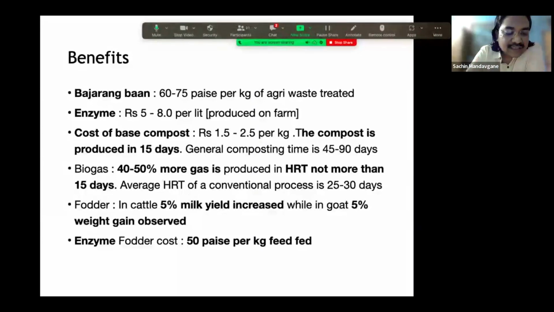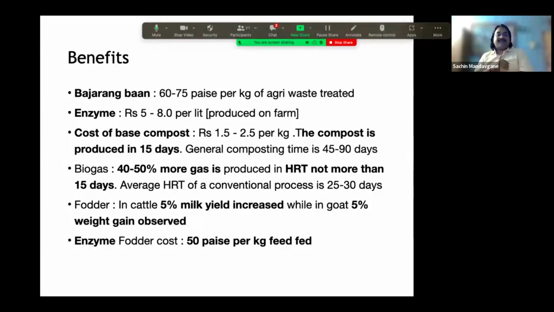We call it as sanction, and in sanction we add different types of organic culture, different types of cultures to improve the quality of compost. We add potash, we add phosphorus source, we add nitrogen source, so that the fortification is done.